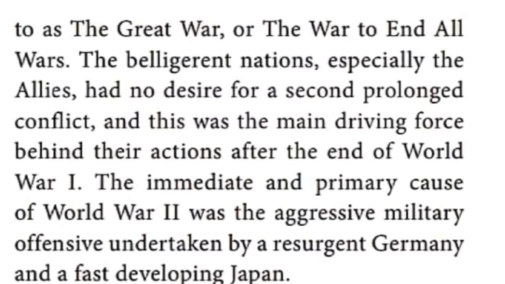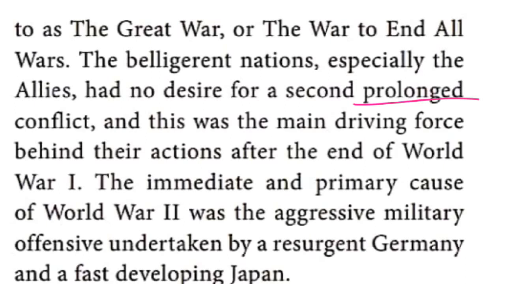What is meant by prolonged? Extent. Who has no idea? Allies. Britain, France, United States of America, they had no desire for a second prolonged conflict. Prolonged in the sense extended conflict.